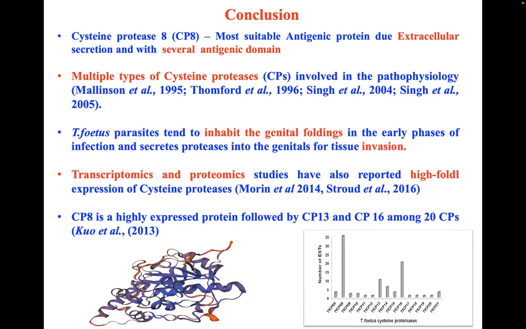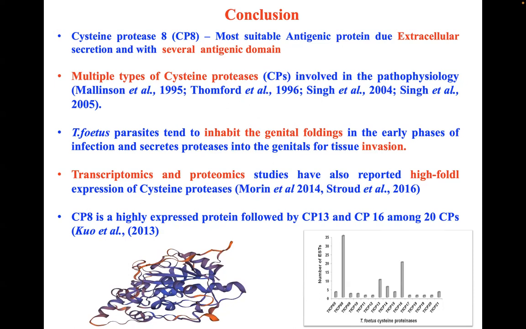That is our aim, right? Because what is happening, one infected animal in the herd can cause 20 to 90% of the infection. If all the animals are infected, you will have very low fertility, very low yield from that herd. So what is the use of a farmer maintaining so much money, time and resources? So early stage detection is most important, and cysteine protease might be most suitable for the beginning.